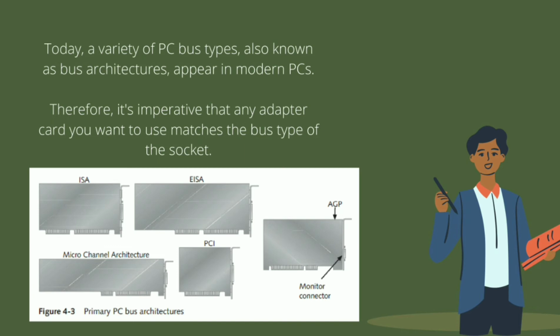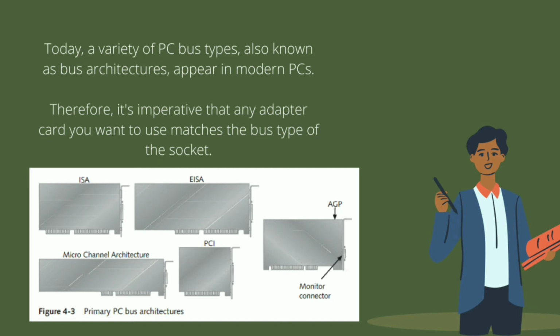Today, a variety of PC bus types, also known as bus architectures, appear in modern PCs. Each bus differs in its layout and configuration, with a single exception, as you'll soon learn. Therefore, it's imperative that any adapter card you want to use matches the bus type of the socket.